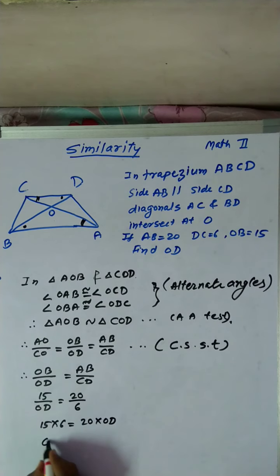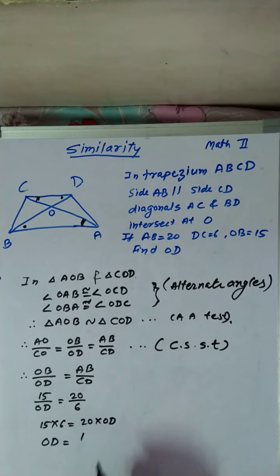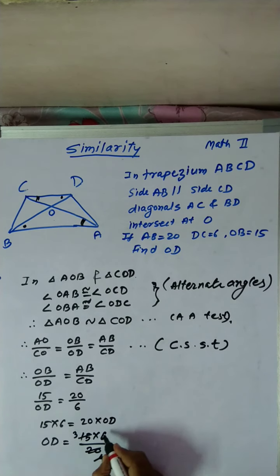Take 20 to the other side, hence OD is equal to 15 into 6 upon 20. By simplifying, 5 3s are 15, 5 4s are 20, here 2 2s are 4 and 2 3s are 6.